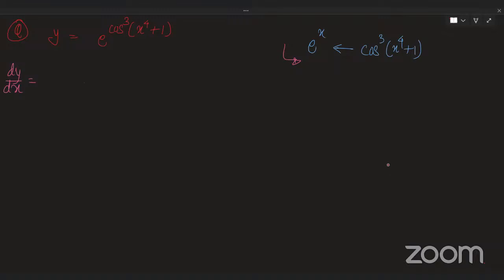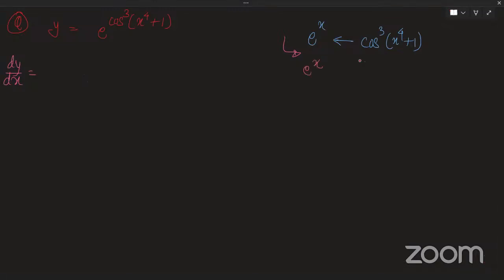Yeah, great. It is e raised to x only. The derivative of e raised to x is e raised to x only.